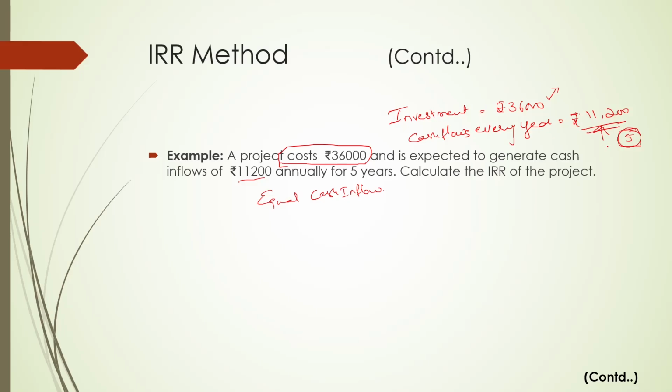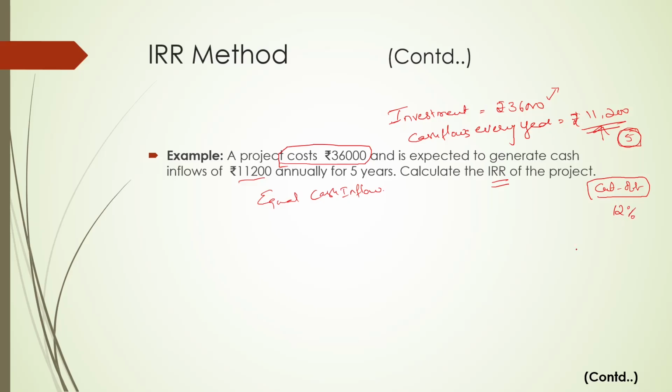Now we need to calculate the IRR of this project. Clear? So we are not having any cutoff rate here as of now. We are just checking the process of IRR. Okay. So if you want to know the cutoff rate, let us assume 12%.